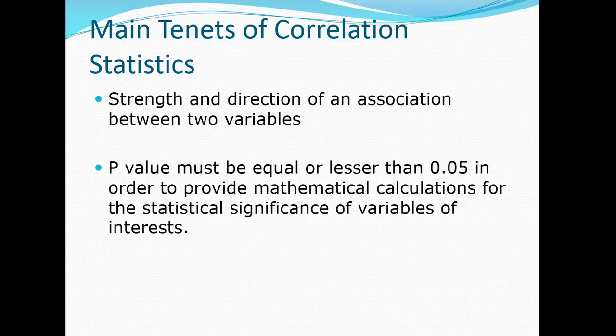You might wonder, isn't it that we always have 0.05 for almost all test statistics? You might be surprised, but the answer is actually no. There are experiments where we could say that our significance level is at 0.10. But again, when you are using correlation statistics, this is a requirement. You cannot lower the significance level than 0.05.